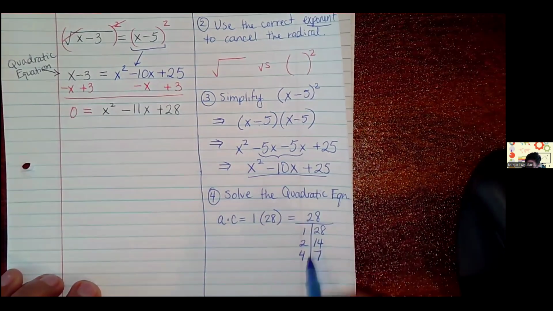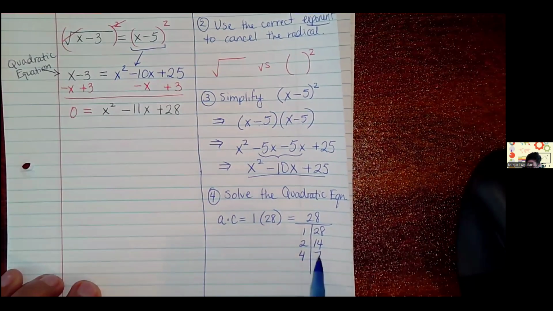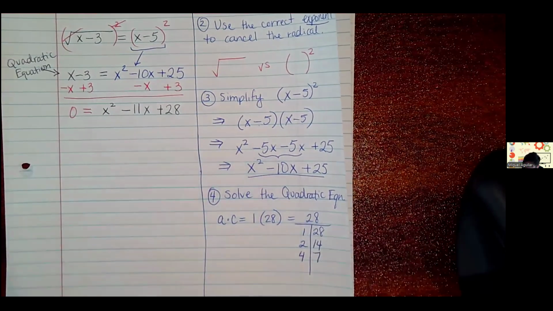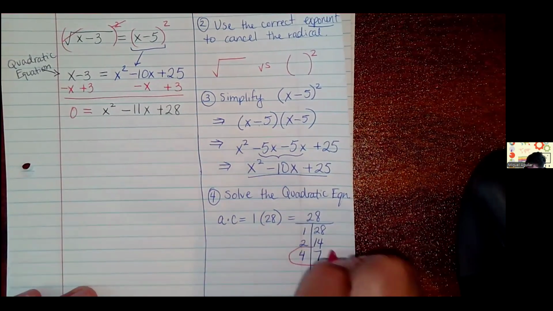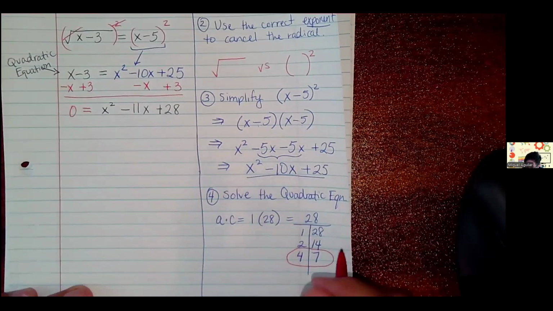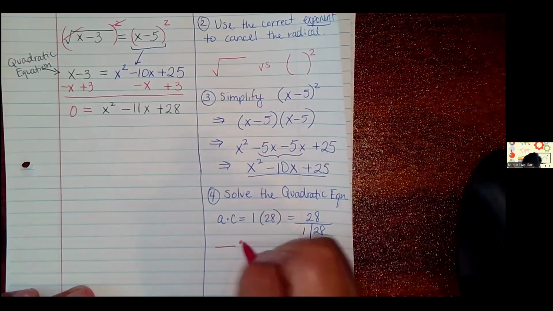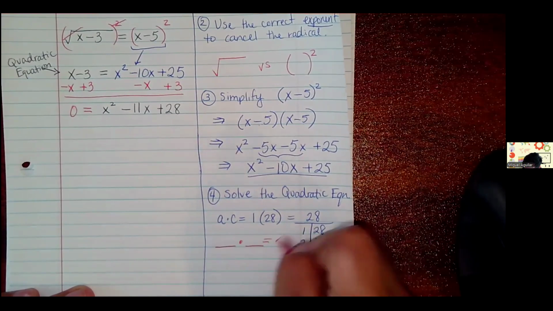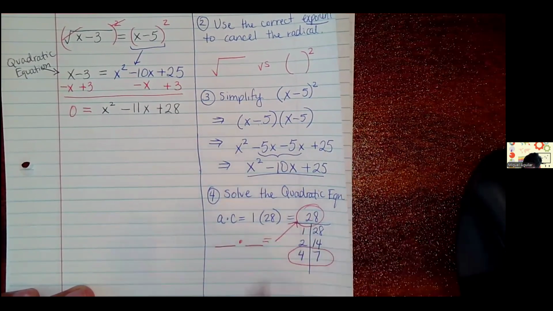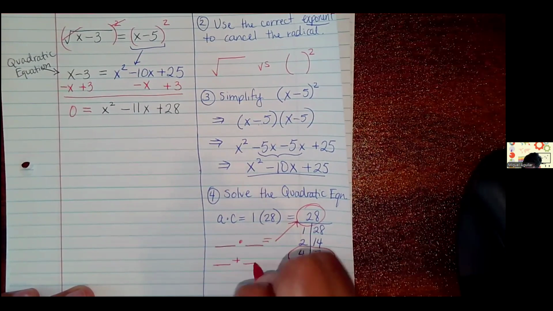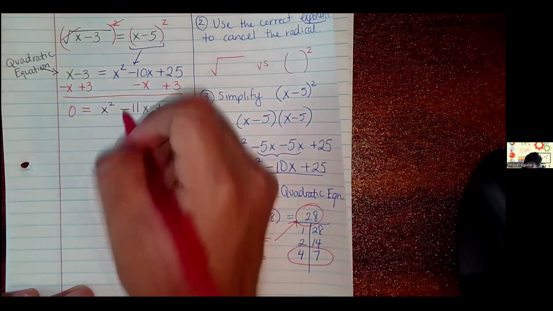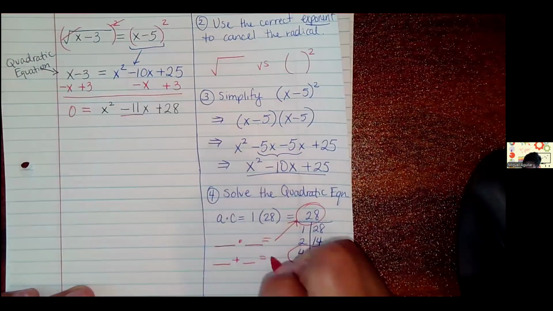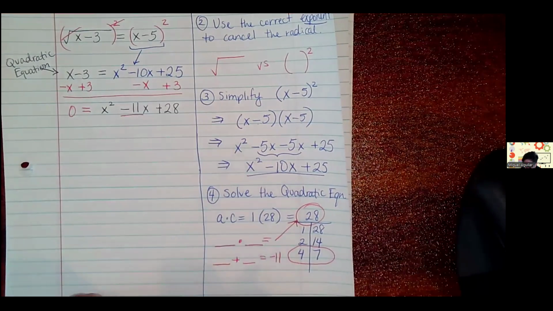And I'm looking to see, do any of these factor pairs give me that negative 11? And sure enough, if I choose 4 and 7, then those two factor pairs could potentially multiply to give me the 28 that I want here. And they'll add to give me this middle term, the negative 11, that middle coefficient, okay?